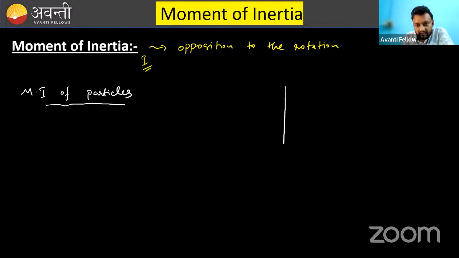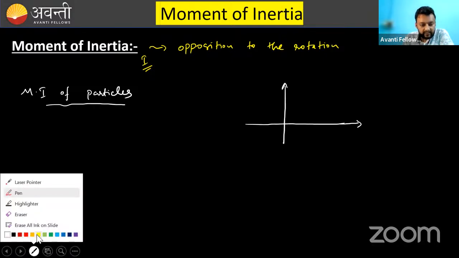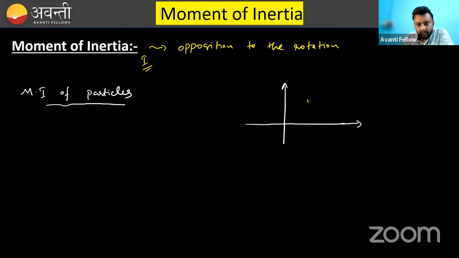Let's suppose this is some XY coordinate system, X and Y, and there is a group of particles like this, everywhere. Let's suppose this group of particles is revolving about this y-axis.